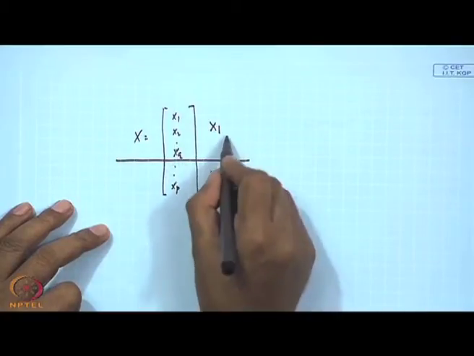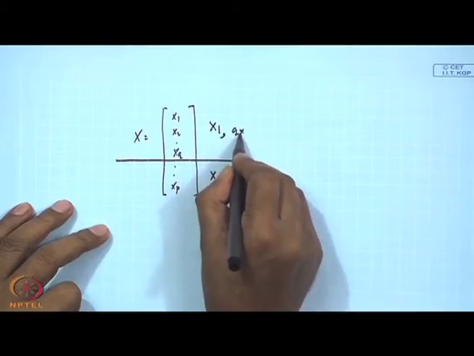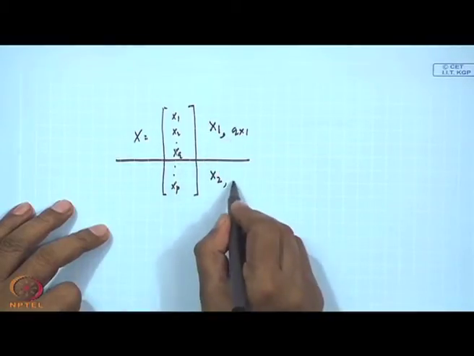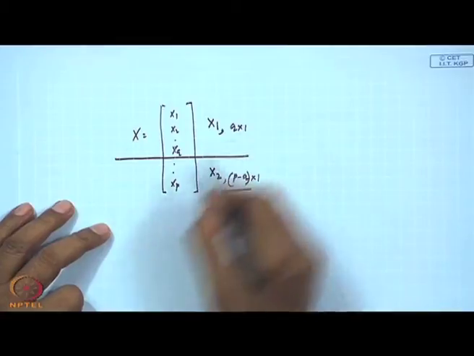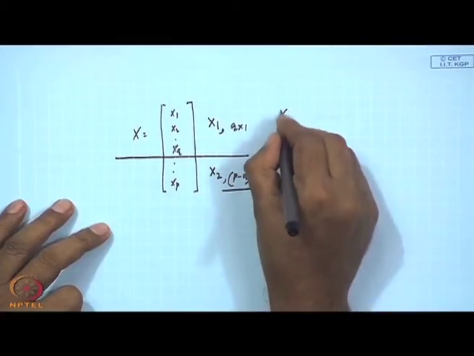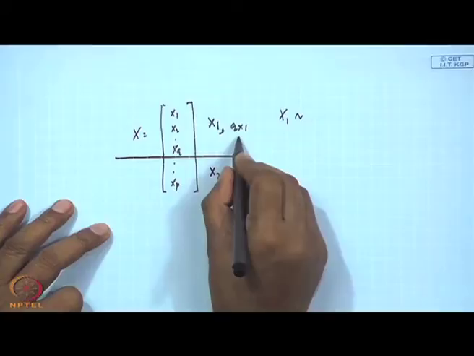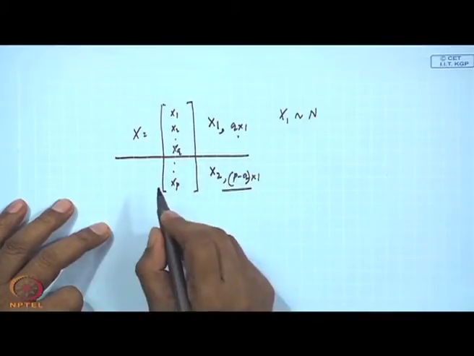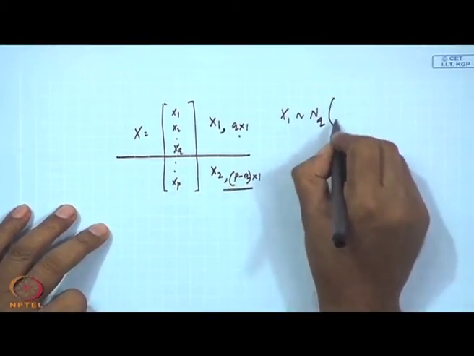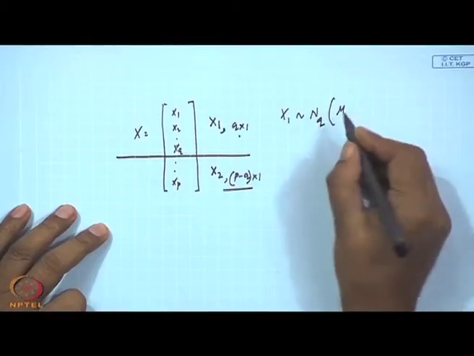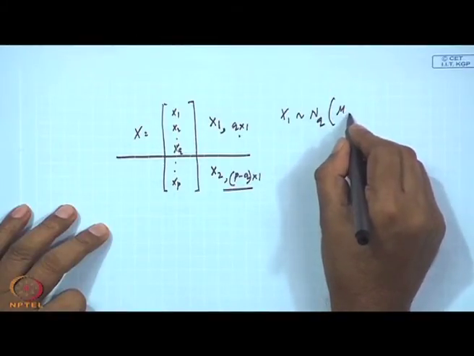Then this x1 is q cross 1 and x2 is p minus q cross 1 vector. Then what we want to say is that x1 is a q variable vector. So, it will be multivariate with q dimensions, and what will be the mu and sigma? I am writing mu q and sigma q.